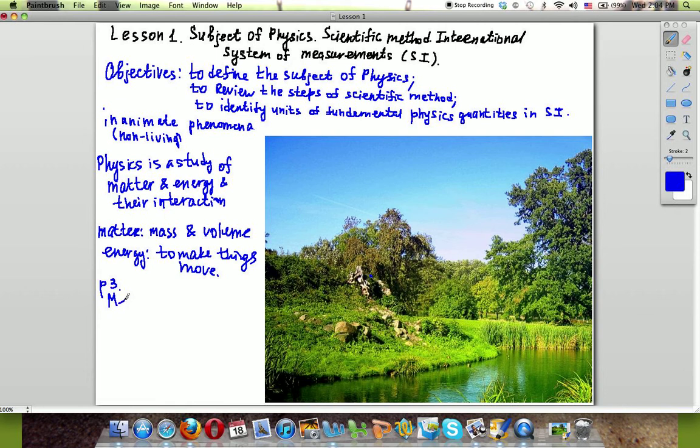includes mechanics, thermodynamics, electromagnetism, optics, and modern physics.